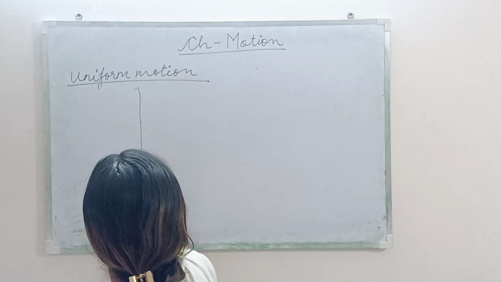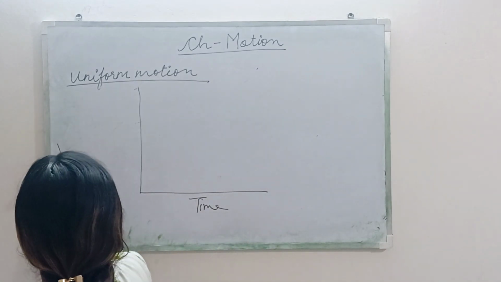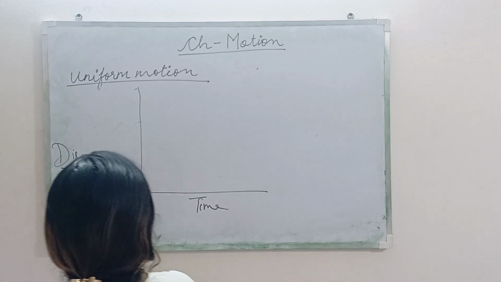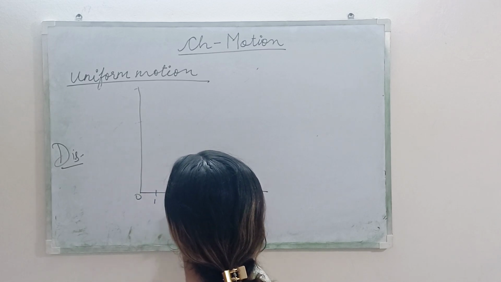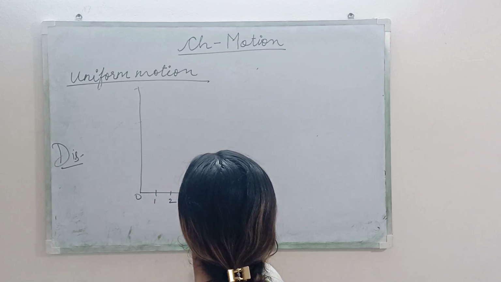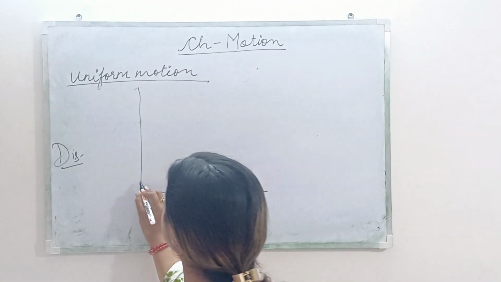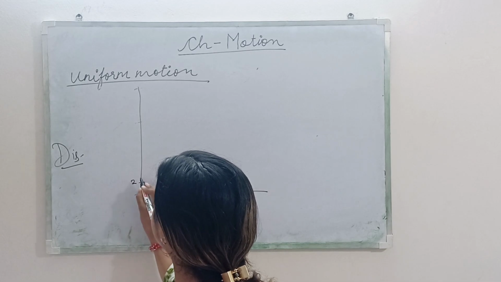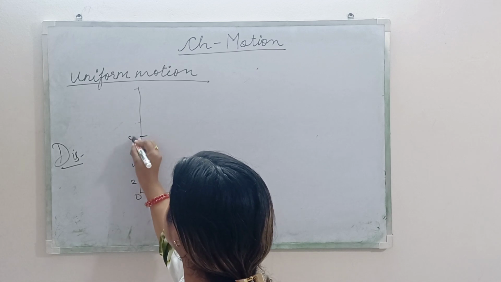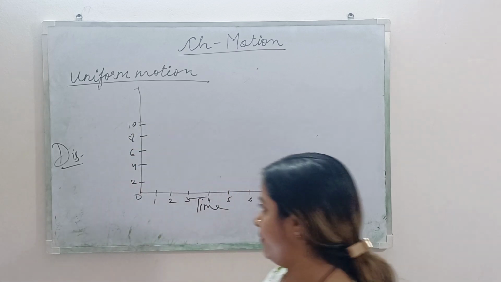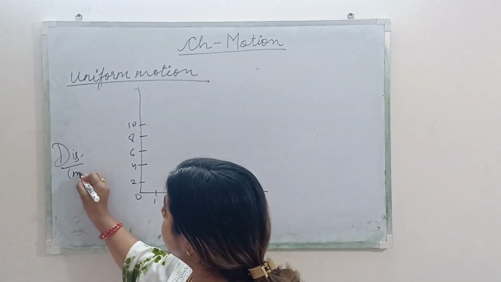Suppose this is time axis and this is distance. Okay. Now this is zero. 1 second, 2 second, 3 second, 4 second, 5 second, 6 second. Alright. And here the body is covering in each second 2 meter, 4 meter, 6 meter, 8 meter, 10 meter. Okay. Time is in seconds, and distance is in meter.